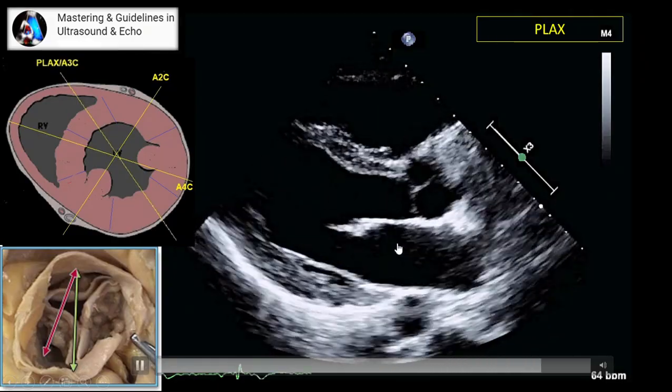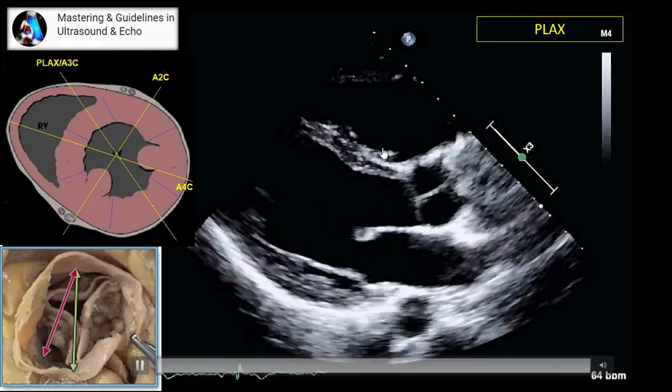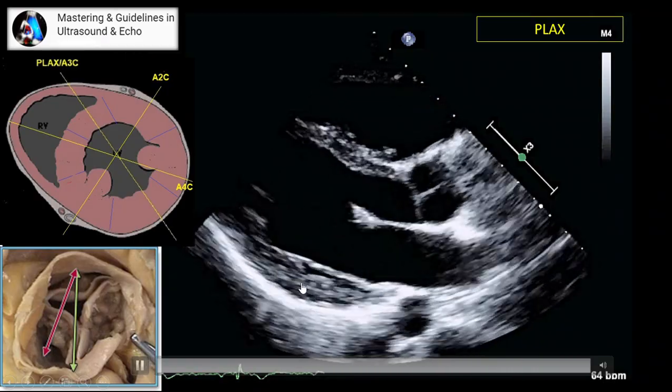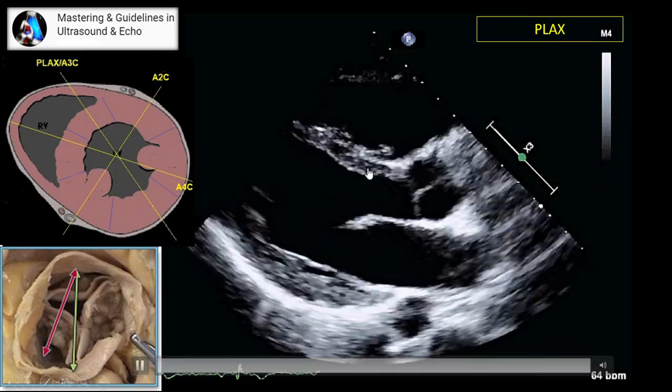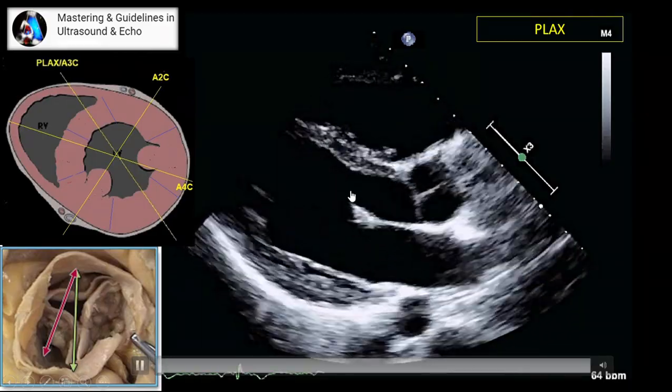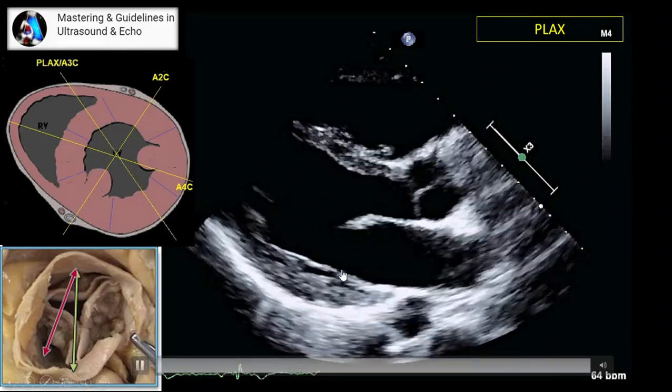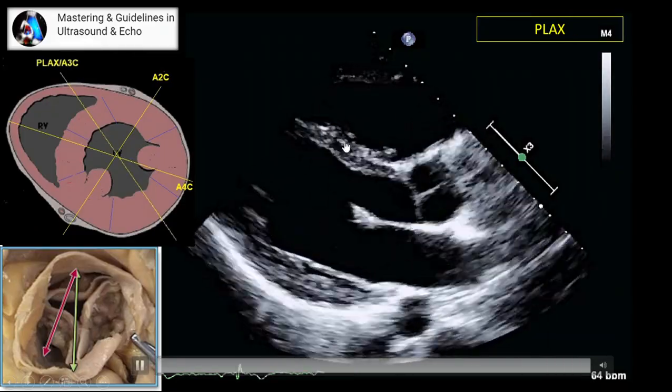Another criterion for a good and correct PLAX is that the proximal one-third of the left ventricle should be rectangular in diastole. As you see here, this part of the left ventricle during diastole is almost rectangular.